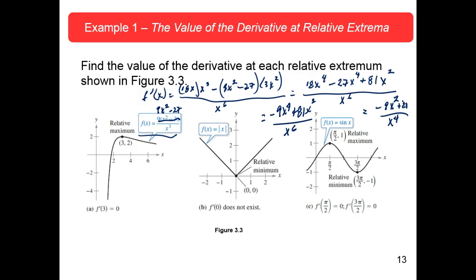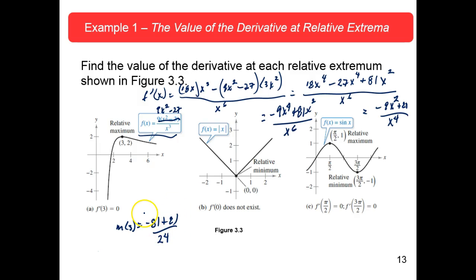Now, what we want to do is plug in x equals 3. And what do we get the slope to be? Negative 81 plus 81 over 81.